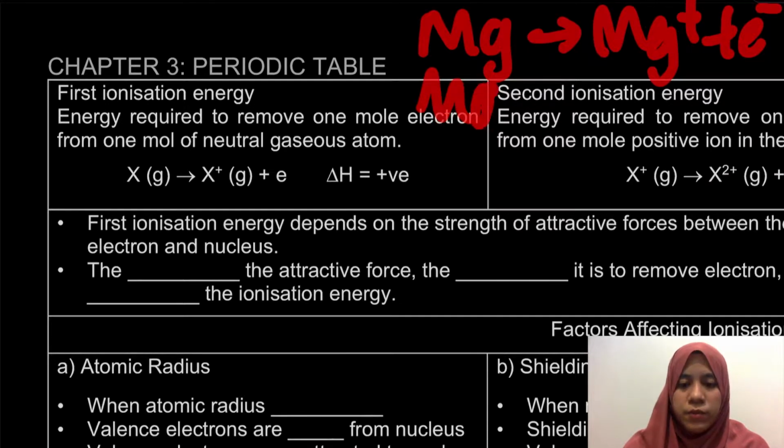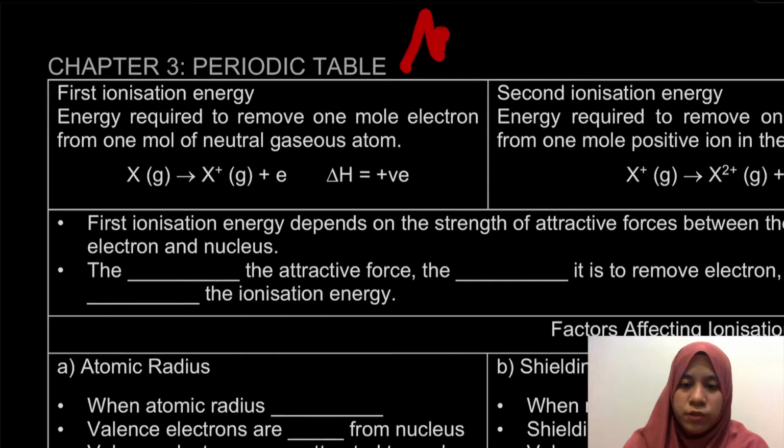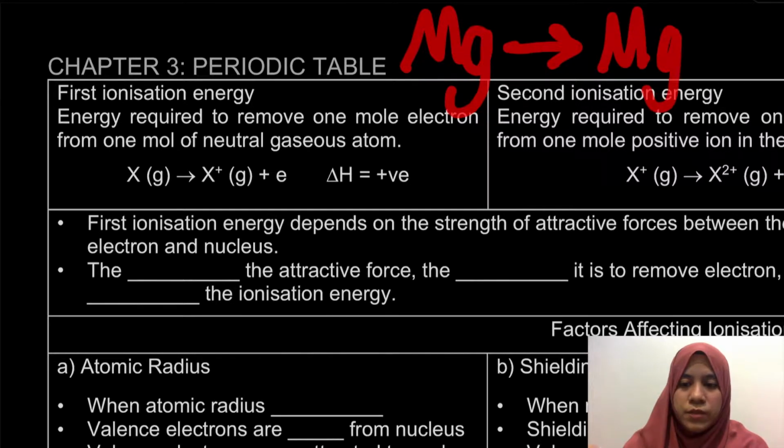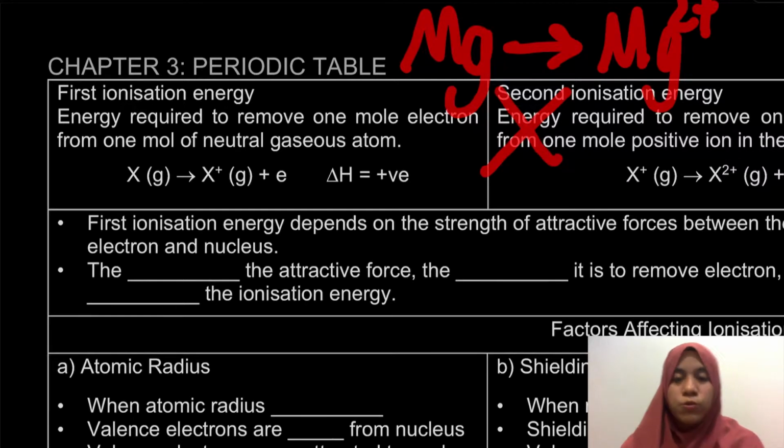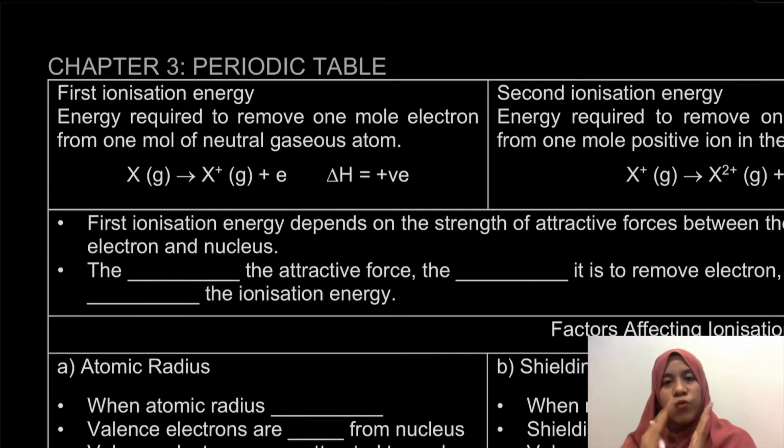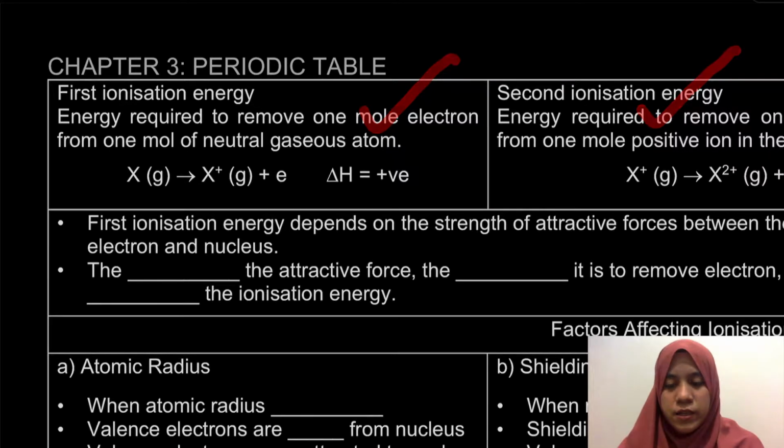Then from the magnesium plus you can form magnesium 2 plus electron. So you can't go straight from magnesium neutral gaseous atom to magnesium 2 plus. You can't. You have to do it one by one. We're going to remove 1 mole of electron. Okay, so that is the definition for first ionization energy and the second ionization energy.